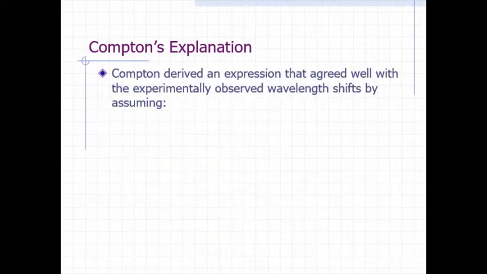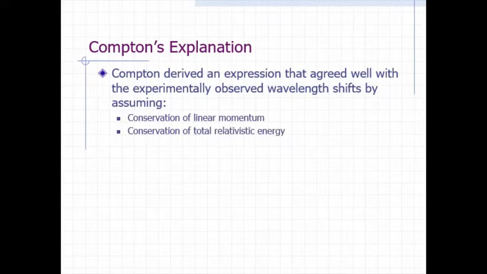Compton was then able to derive an expression that agreed well with the experimentally observed wavelength shifts by assuming conservation of linear momentum and conservation of the total relativistic energy when a photon collides with an electron. Assuming the electron is very loosely held in the atom and is initially stationary, Compton determined the shift at angle theta to be given by this equation.